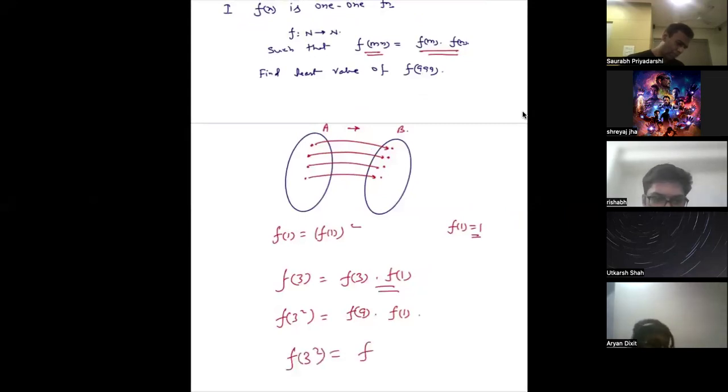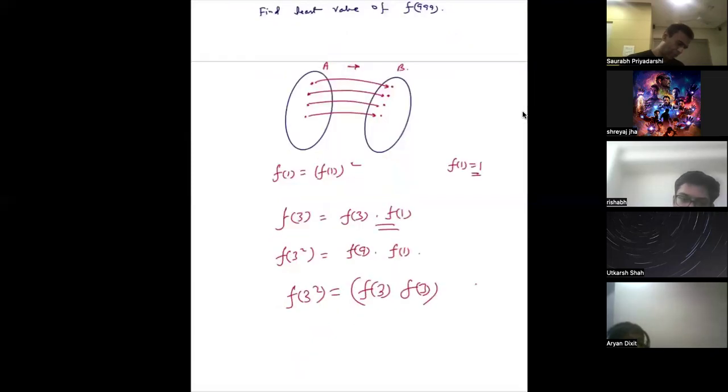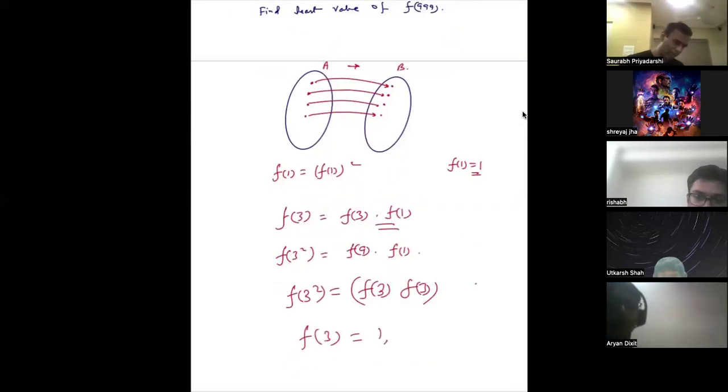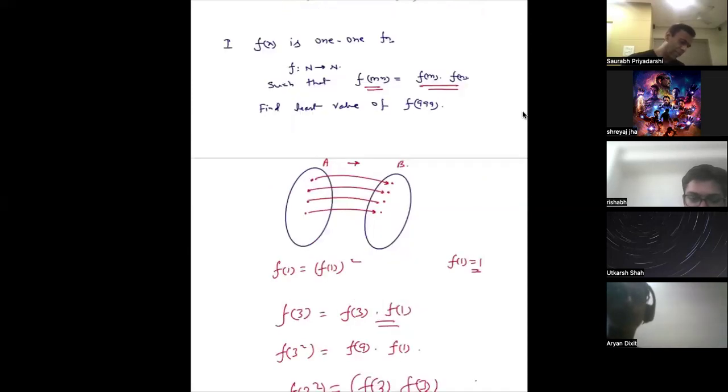Right, so the value of F3 is 1 or 0, right? If this is 9, it's not possible. Maybe some other value it is taking, not 0 and not 1, right? And the third value we have is F of 27, right? So 999.